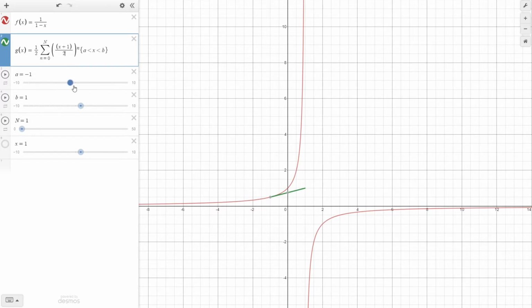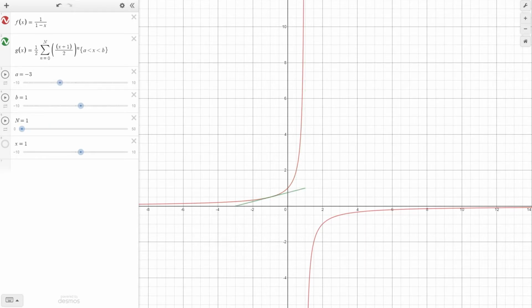Right? And I change the interval to be -3 to 1. You can see now we have this green line, and as I increase n, that curve matches the function really well. So I have moved the center from 0 to be at -1 instead, okay? And that's just by modifying the function a little bit.